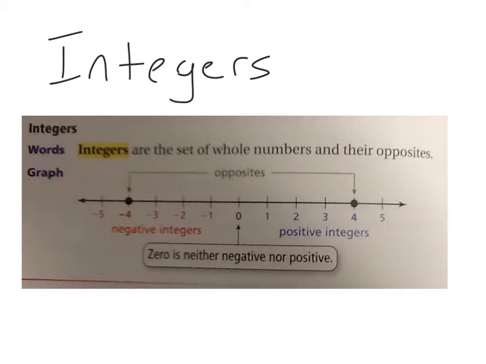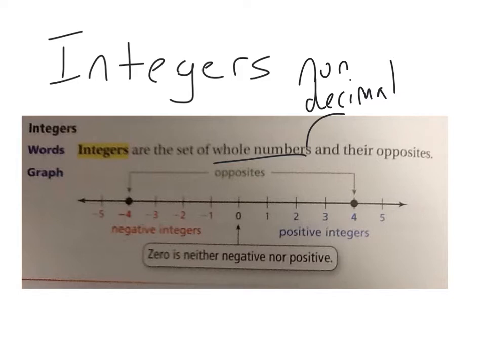All right, we're here talking about integers, right? So integers are the set of whole numbers and their opposites. Okay, so every whole number, and by whole, what we really mean is non-decimal, okay? Non-decimal number, and their opposites.